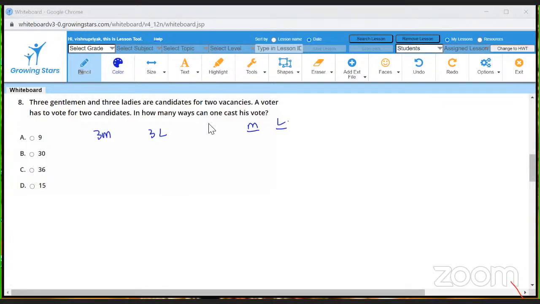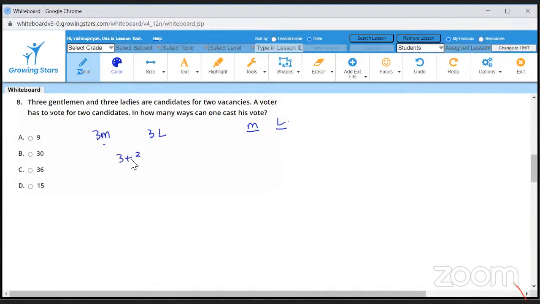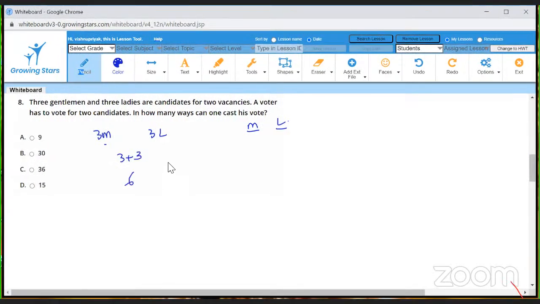So total there are 6 candidates, 3 plus 3. Out of 6, there are 2 vacancies. So a person has to select 2 people. Out of 6, he will vote for any 2 people. He need not arrange.